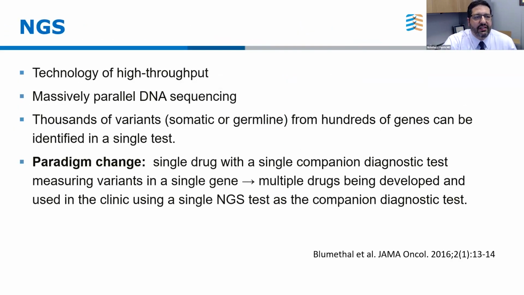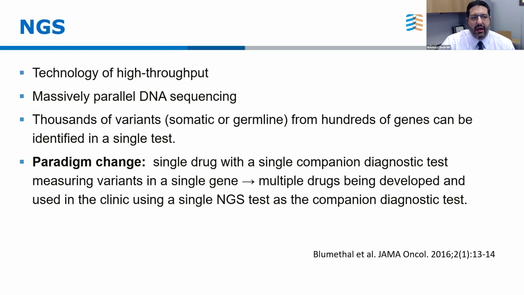So that brings us to one of the big breakthroughs, which is next generation sequencing. When we gave these talks 10 years ago, we were talking about isolated testing for each gene, like a PCR or a FISH test for EGFR, or for ALK was FISH.